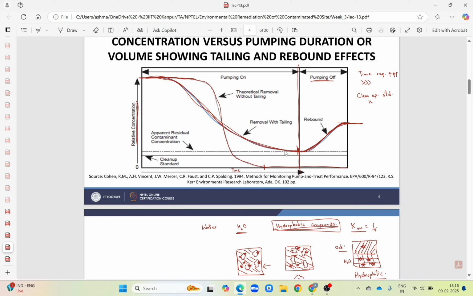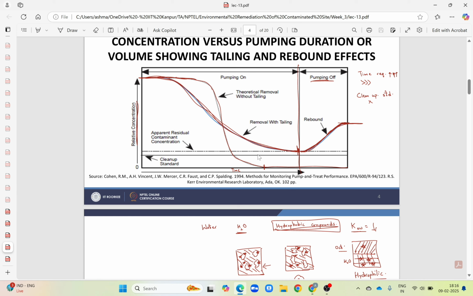But as soon as the pumping is stopped, if the pollutant is adsorbed on the soil particles, or if there is some other storage of the pollutants, then because of equilibrium, the pollutant from the soil or sediments will again start to dissolve in the water, and slowly the concentration will increase and saturate to nearly a constant concentration after equilibrium is reached.